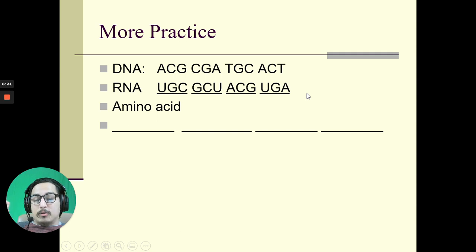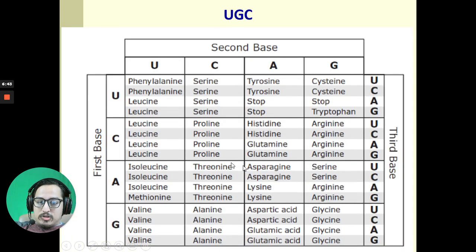Now, please follow along. If you don't get it, rewatch the video. Not the whole thing, just rewind to this point right here. Okay, so we're looking for the first codon, which is UGC. And you have the chart at the bottom. It says first base, second base, third base, so you have to read it like that.